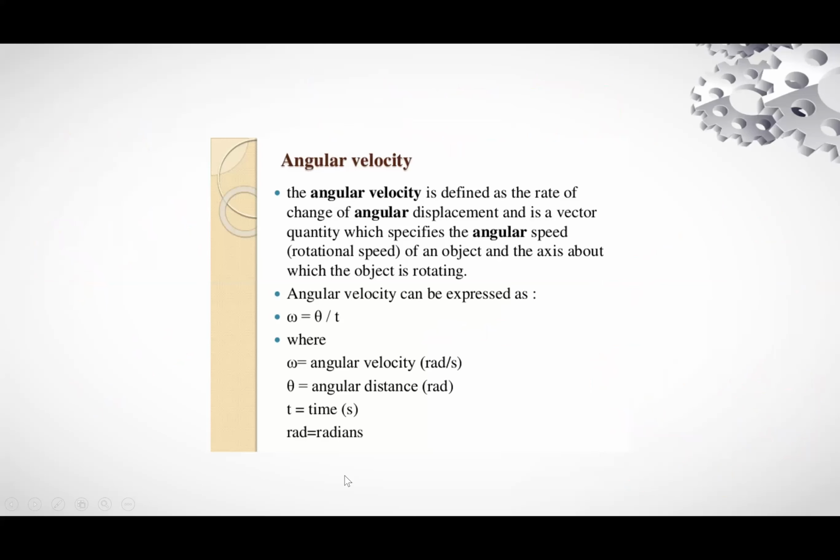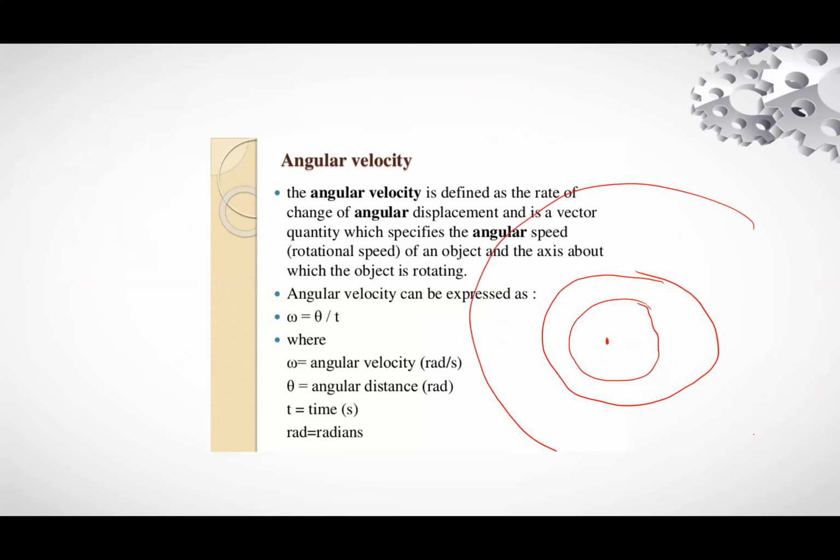Now, remember this point. If you have different circles having a common center, and you draw a line, this is A prime, this is A double prime. And you take this is B, this is B prime, this is B double prime.